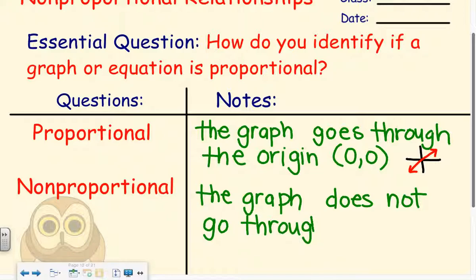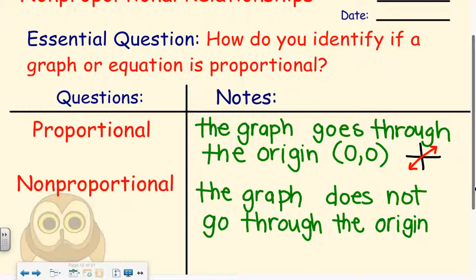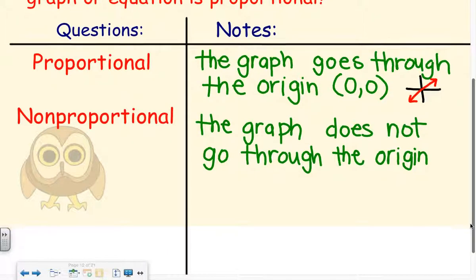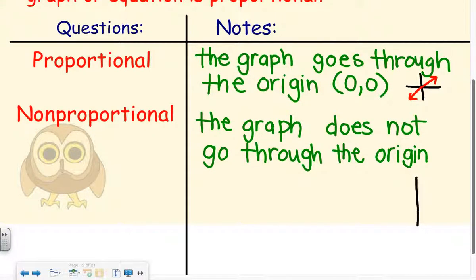So it does not go through the point 0, 0. If I draw a line that does not go through the origin, it might look like this.